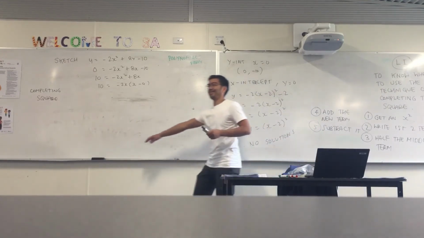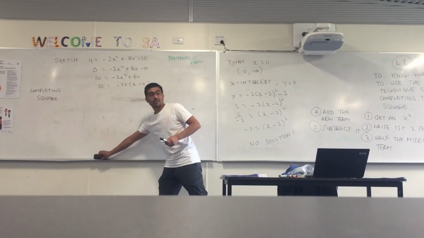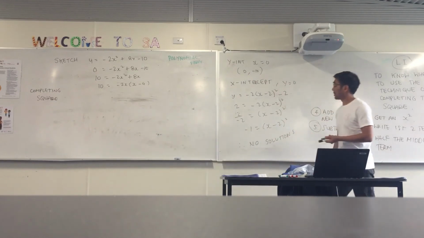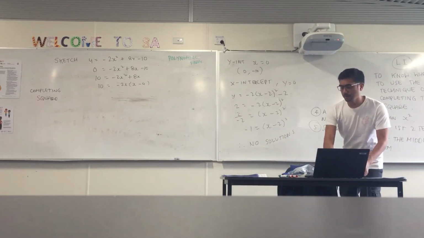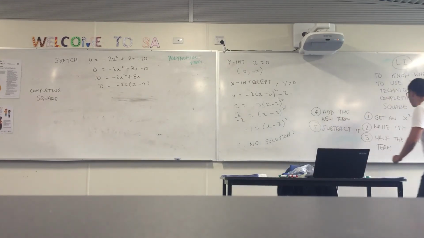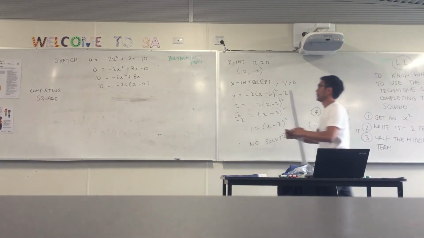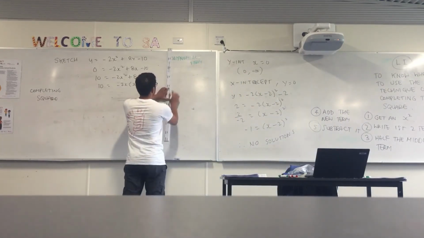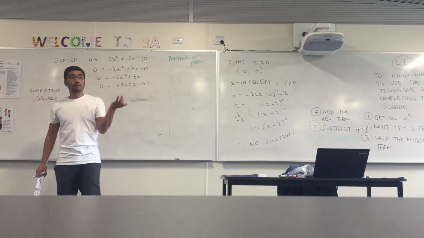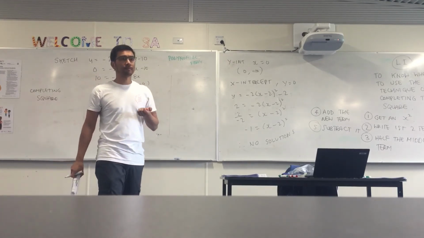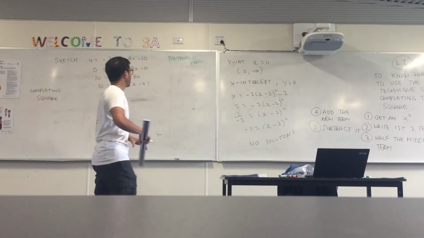All right. Do I have enough information to graph this? Yes. So we go graphing. Now, what's my turning point again? 2, -2.